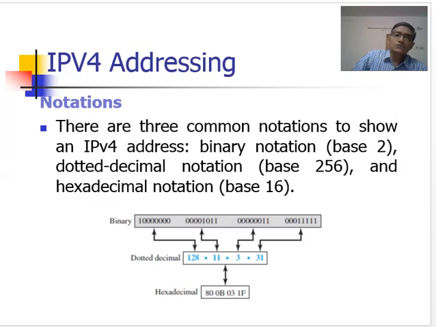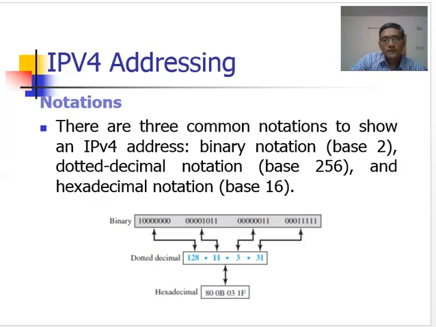Now, what notation or representation is used for specifying IP version 4 addresses? Actually, 3 notations are used. One is binary notation, base 2, the second is dotted decimal notation, and the third is hexadecimal notation. This pictorial representation shows these 3 notations in detail.